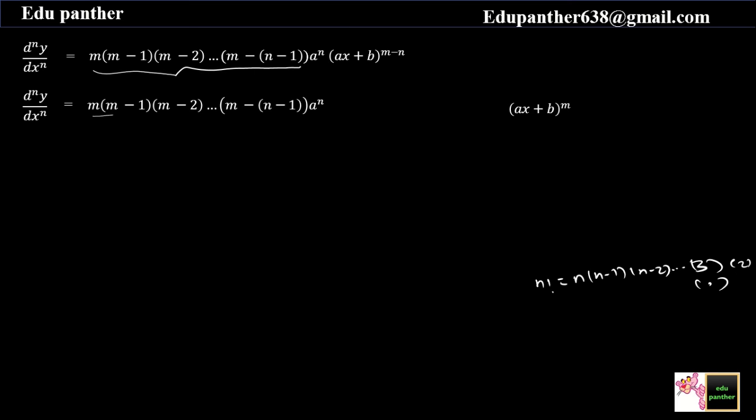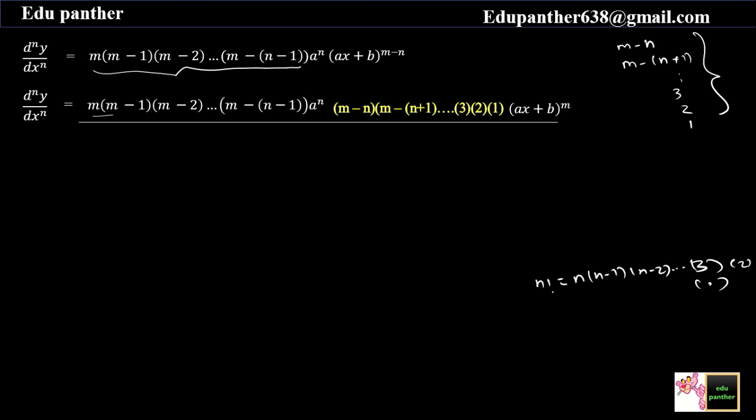Now what terms are remaining here? So we have the product of numbers till m minus n plus 1. So what will be our next term? Next term should be m minus n, then after that m minus n minus 1 and so on till 3, 2, 1. So that means these many terms are remaining, so we have to multiply those many terms here. So we are multiplying those terms here, m minus n down to 1, and since we are multiplying in the numerator, to balance it we have to multiply in the denominator also.